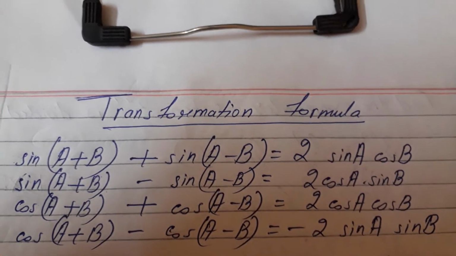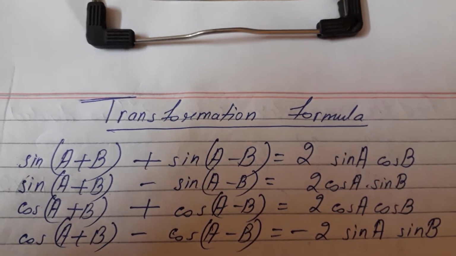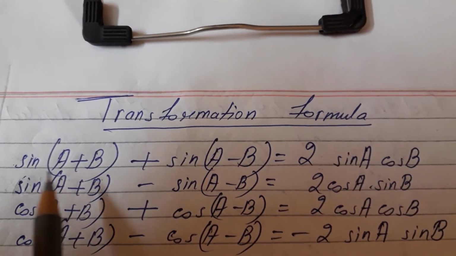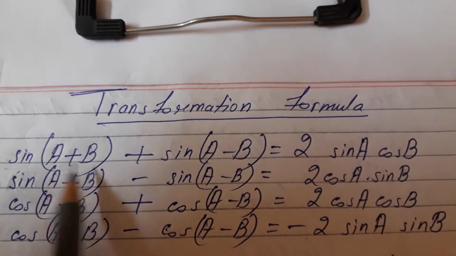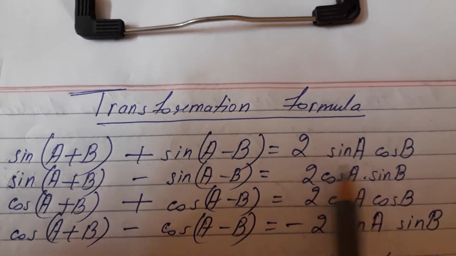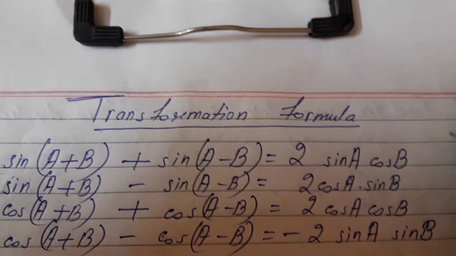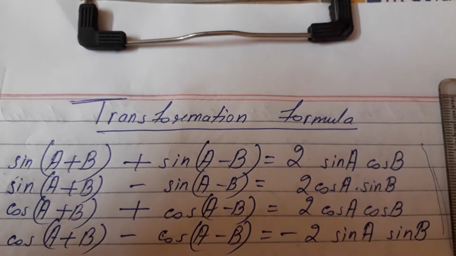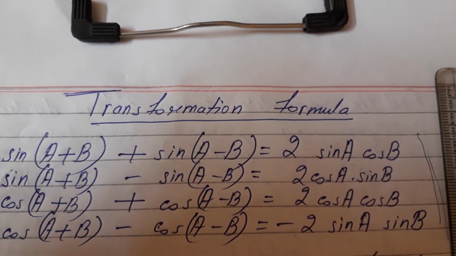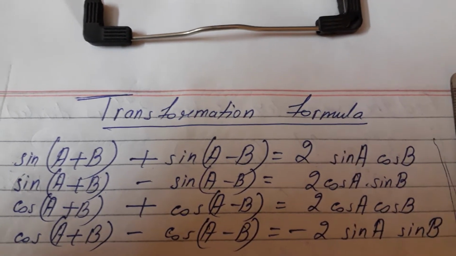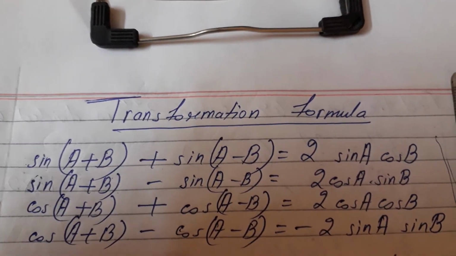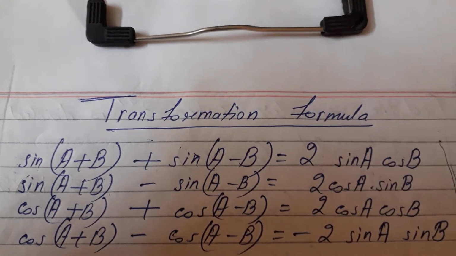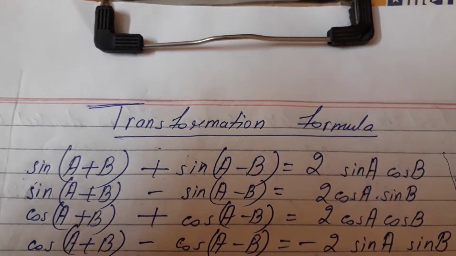Now see, there is one trick to remember these formulas. Obviously you have to learn the formulas, but there is one trick. Here is given sin(A+B) plus sin(A−B) equals 2 sin A cos B. All of these on this side are in the multiplication form, like 2 sin A into cos B, and all of these on this side are in the addition or subtraction form, where only the plus or minus is given.